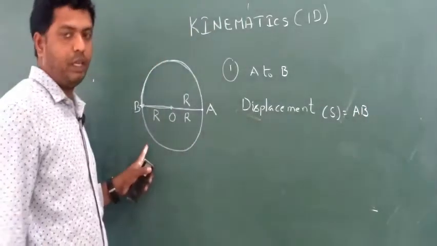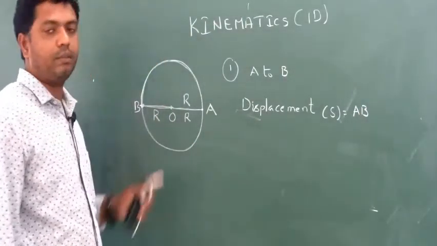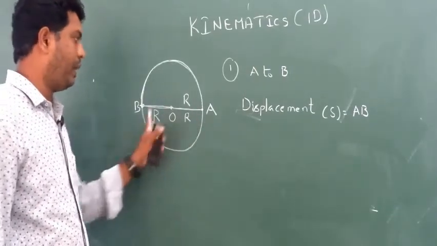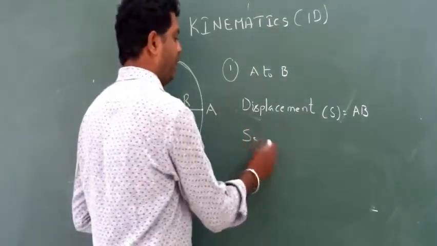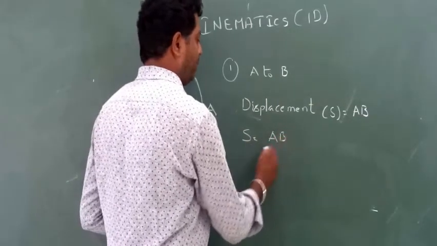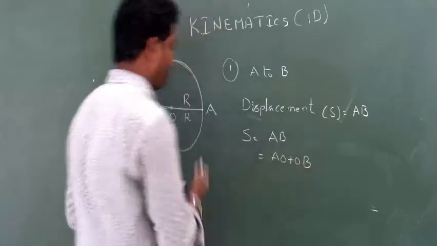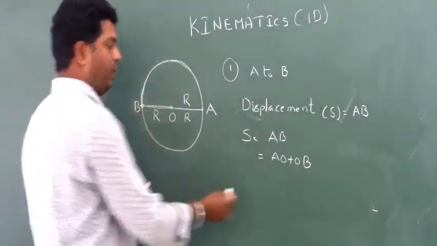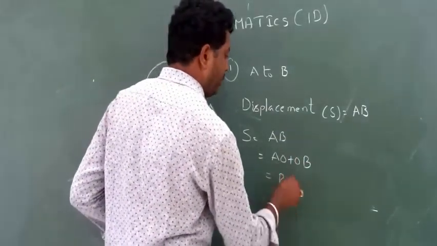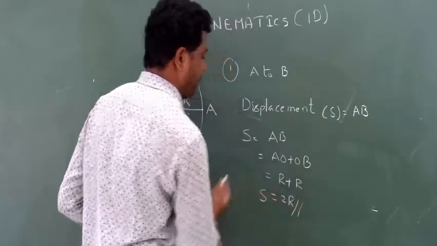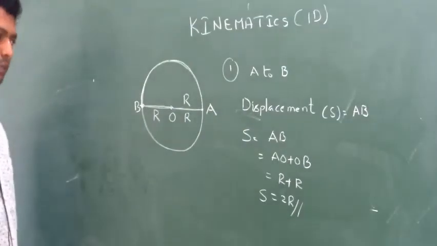According to the definition, displacement is the line segment which joins the endpoints A and B. So S equals AB, which is AO plus OB. AO is r, and OB is also r. The total is 2r. This is the displacement.